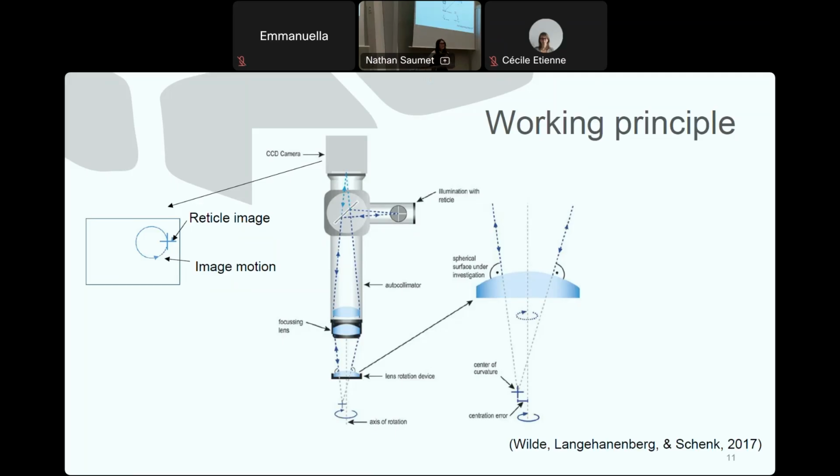And the software is here to calculate which distance it has to set between the end of the autocollimator and the first diopter, to be able to project the reticle image into the center of curvature of the diopter you want to measure.